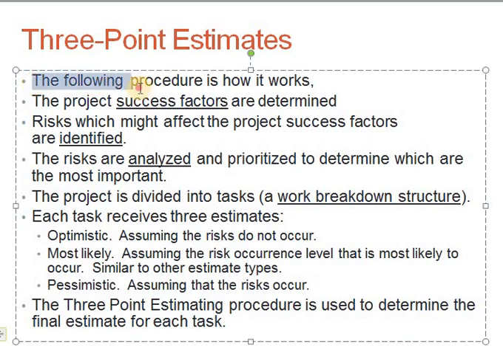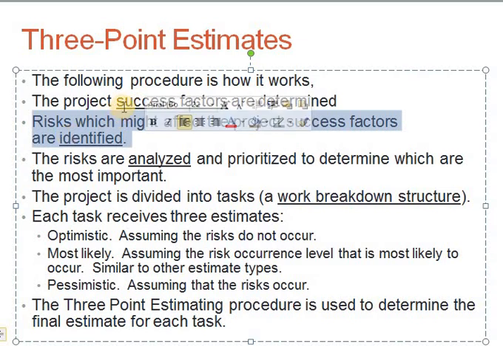The following procedure is how the 3-point estimation works. The project success factors are determined and identified. The most important factors which will affect the project success will be identified. Risks which might affect the project success factors are identified.